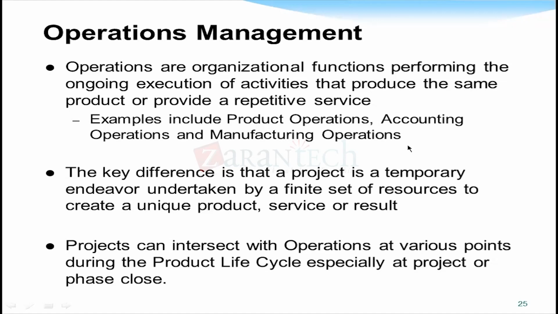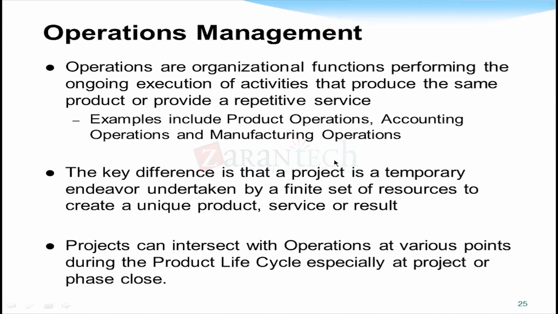But the project team and the operations team have to work hand in hand, and they should coordinate if any issues come. For example, if there's a technical issue, sometimes they have to go to the technical person who actually developed that and get the resolution quickly.